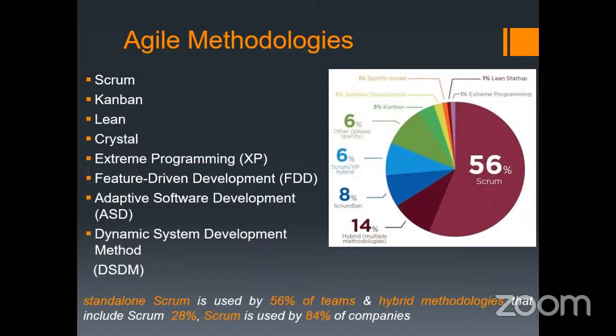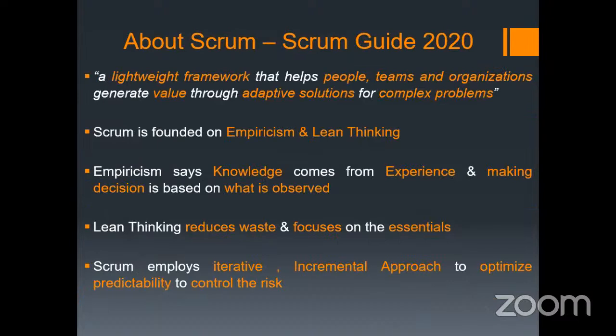After this, we'll start the Scrum framework. About Scrum, there is only one best document, and that is the Scrum Guide. Every time you will get the updated Scrum Guide, and right now the updated version of the Scrum Guide was released in 2020.